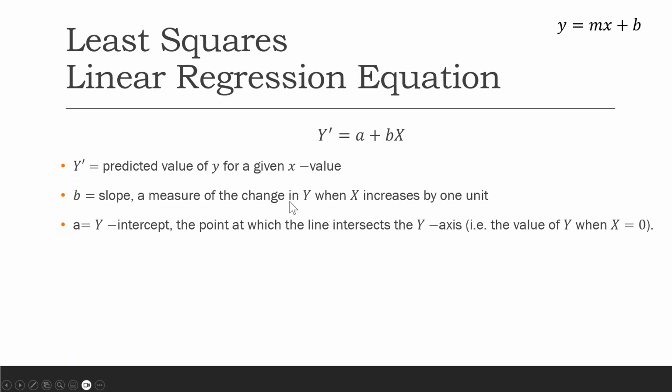It's a measure of the change in y when x increases by 1 unit. So it tells you how much y is going to either increase or decrease for a 1 unit increase in x. This value a is going to be your y-intercept, the point where your line actually intersects your y-axis. So it's the value of y when x equals 0.